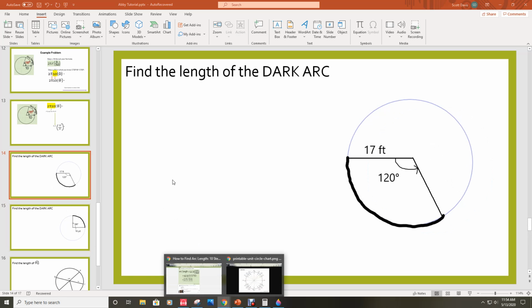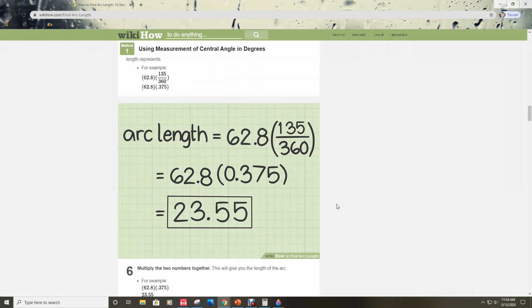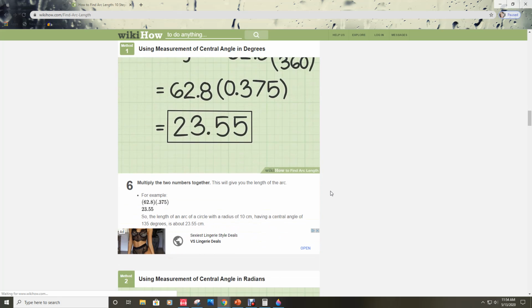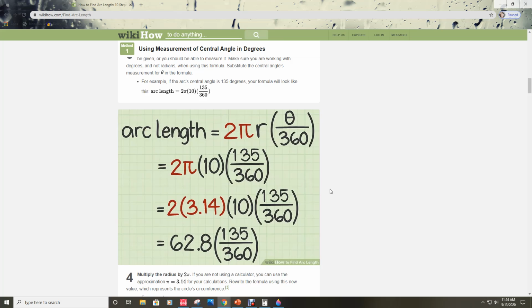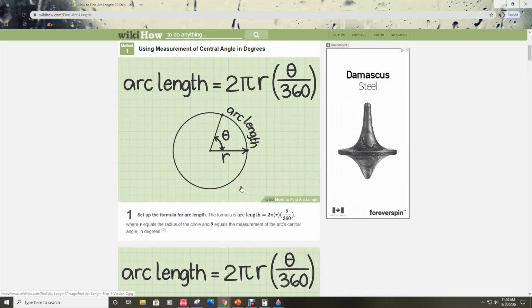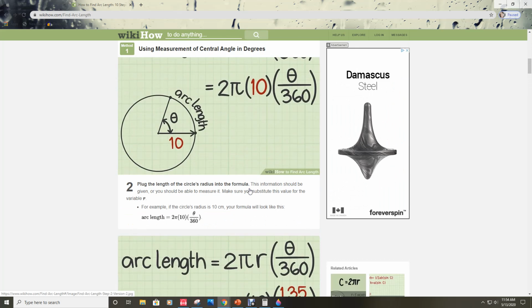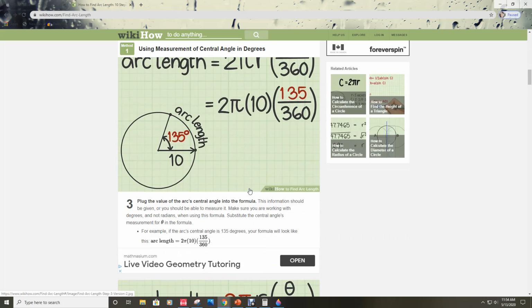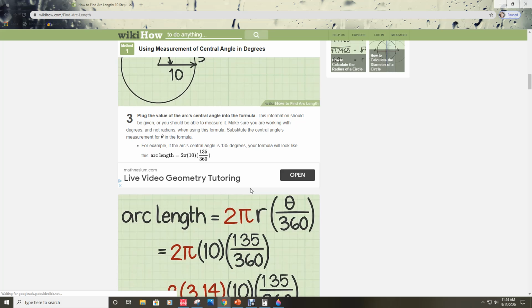Oh, that's what I was looking for on this website. Did it say anything about what you need to list it as? 10 centimeters, 23.55 centimeters. Yes. Pay attention. Did they tell you? So where'd you get that centimeters, homie?